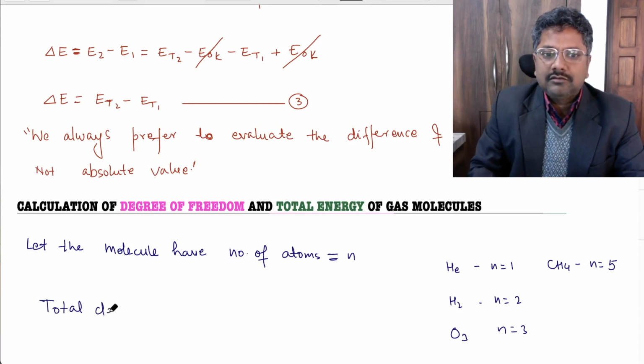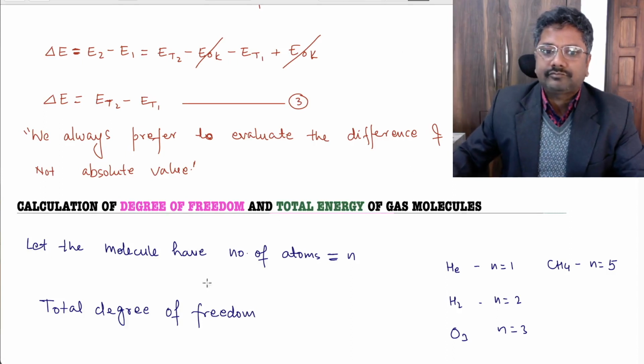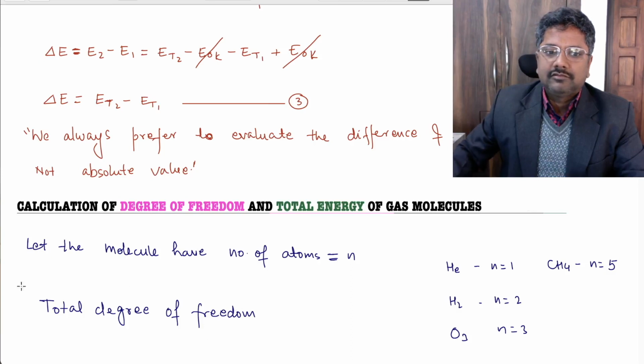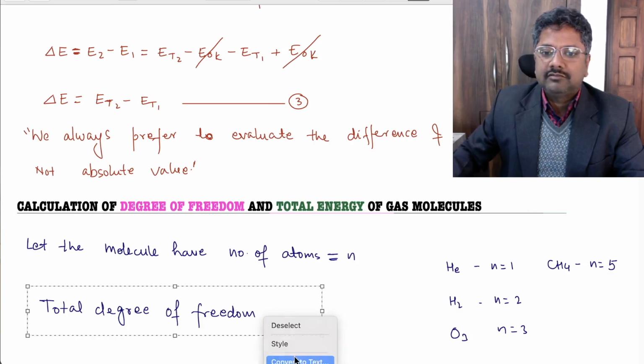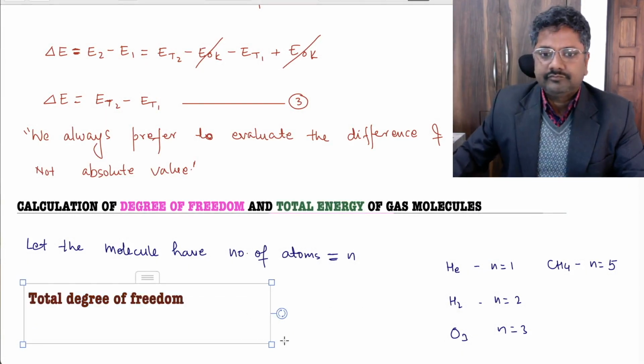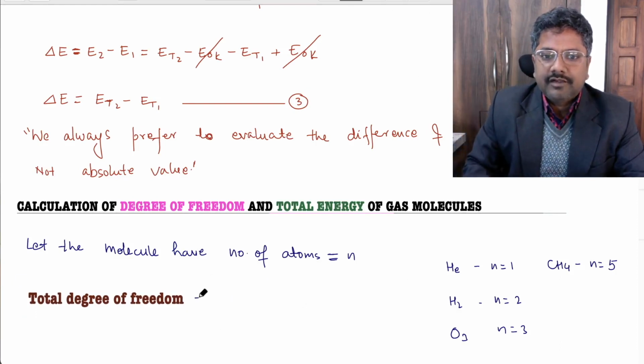Total degree of freedom, right? So total degree of freedom is equal to 3n, right?